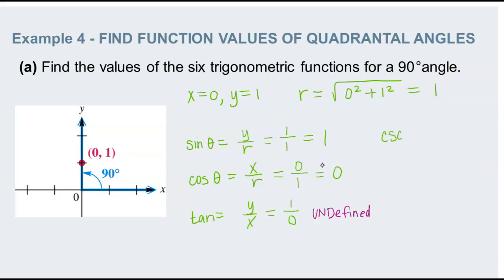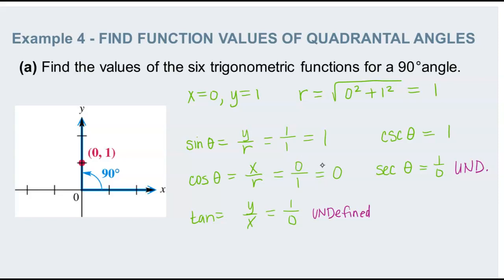The cosecant is the reciprocal, so this will also be 1. But for the secant here, going back to this fraction, if I flip that upside down, I'm going to get 1 over 0, so that's going to be undefined also, because I can't have 0 in the denominator.